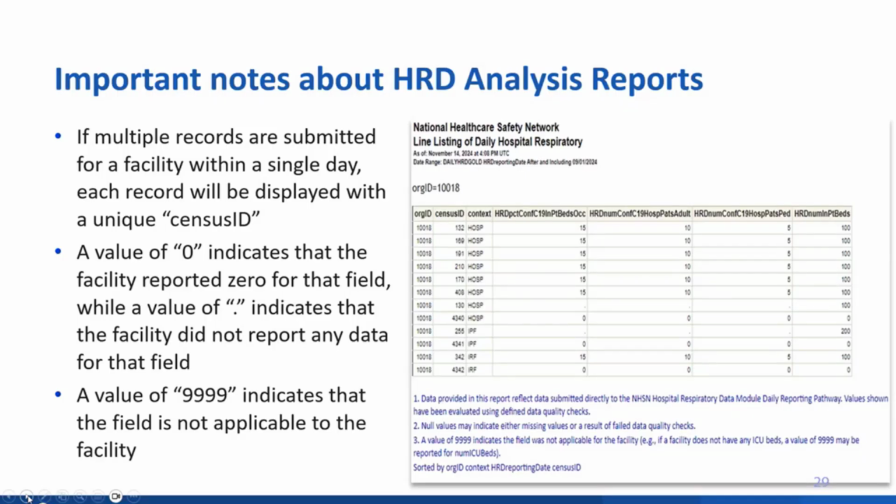A value of 9999 indicates that the field is not applicable to the facility. Please note that if a facility does not have any ICU beds, they may enter 9999 to indicate that the ICU bed fields are not applicable.